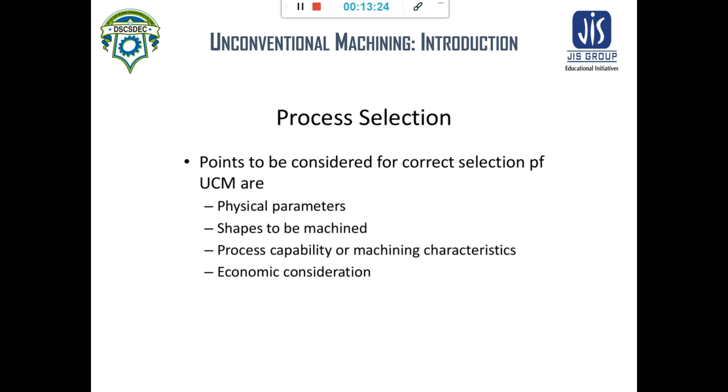Now we need to consider some points for correct selection of the unconventional machining process. For correct selection, first we need to know about the physical parameters. Our desired final shape should be known to us.